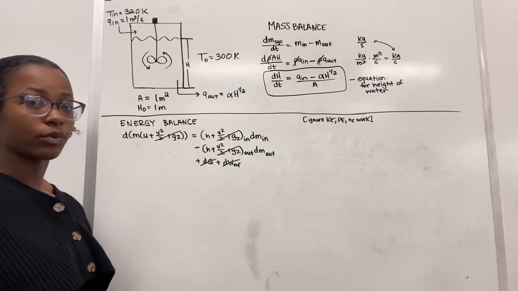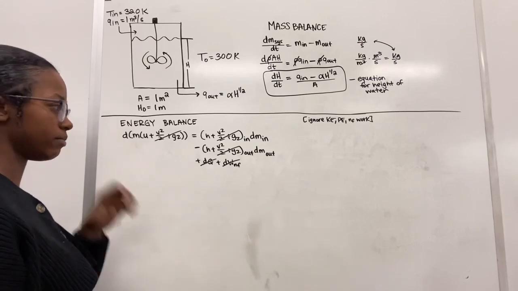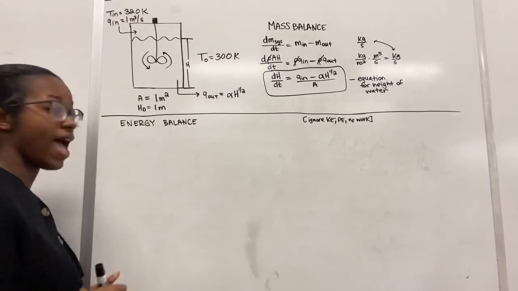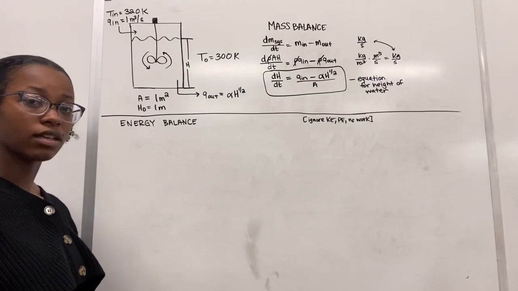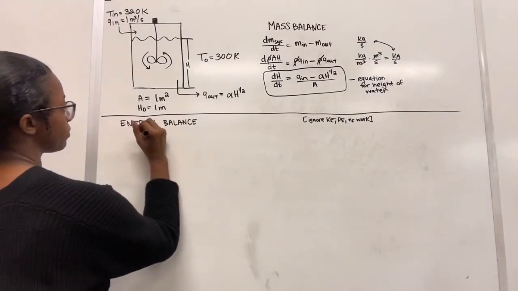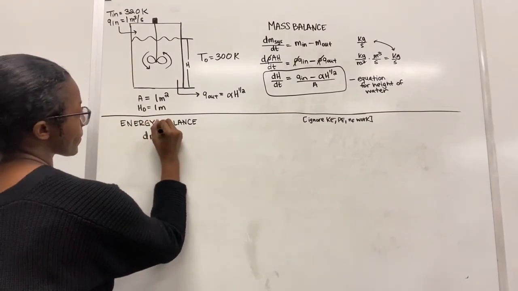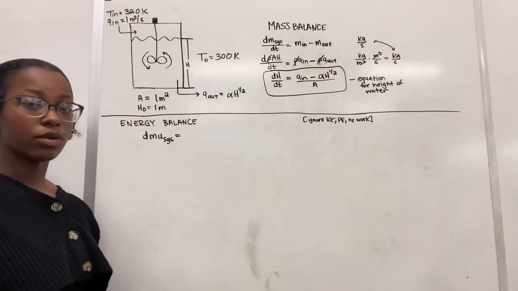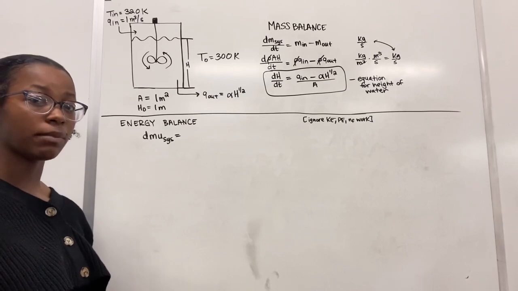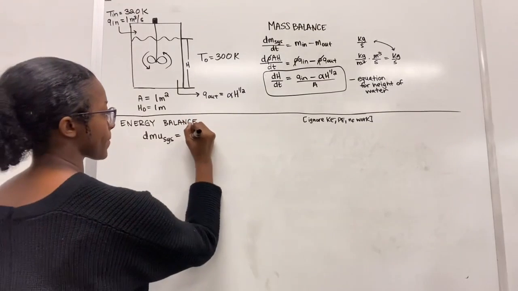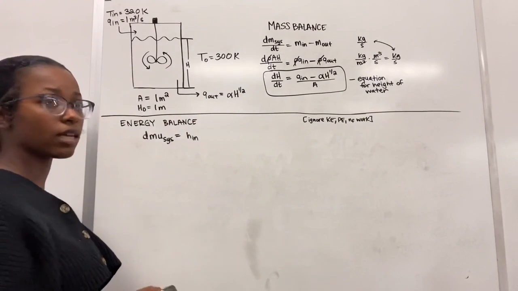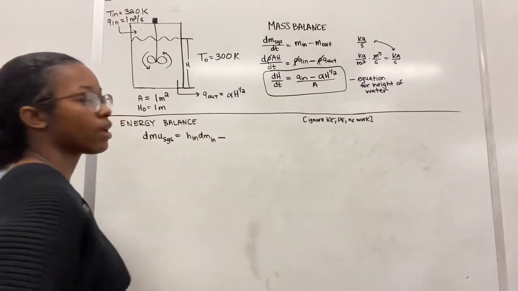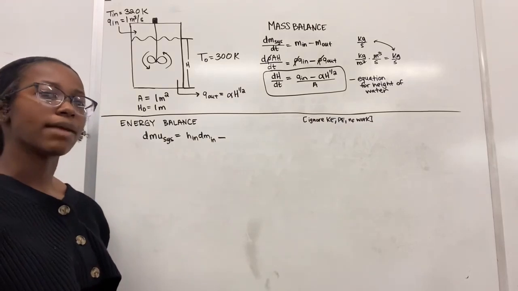And so because of that, we can rewrite this equation as the change in mass times the internal energy of the system equal to the enthalpy coming in times the change in mass coming in minus the enthalpy going out times the change in mass going out.